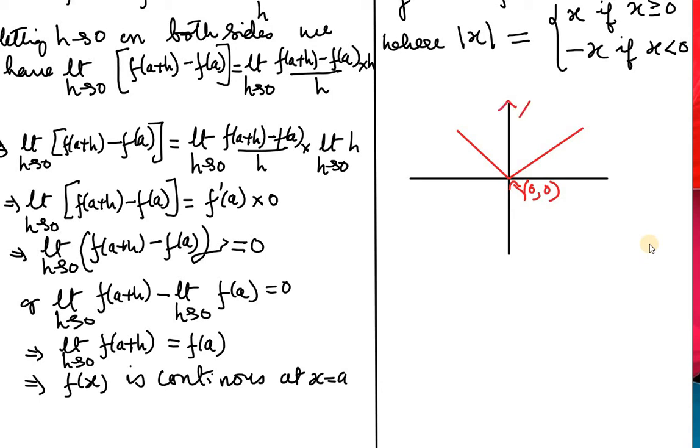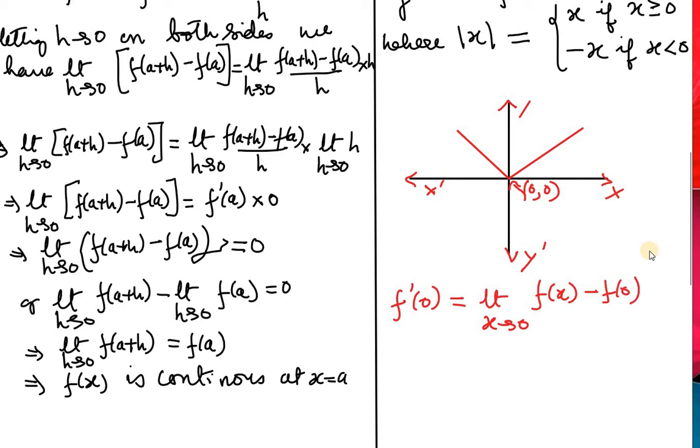This is the y-axis, this is the x-axis. Now here, what is f prime of 0? f prime of 0 is equal to limit x tends to 0, f of x minus f of 0 by x minus 0, by using the second definition of derivability of a function at a point. So this is equal to what?